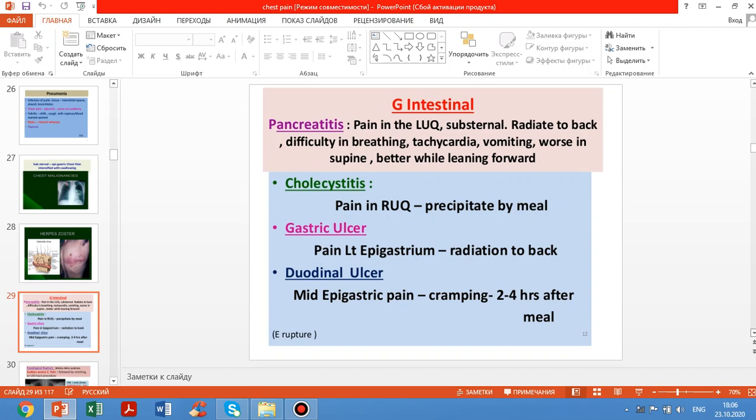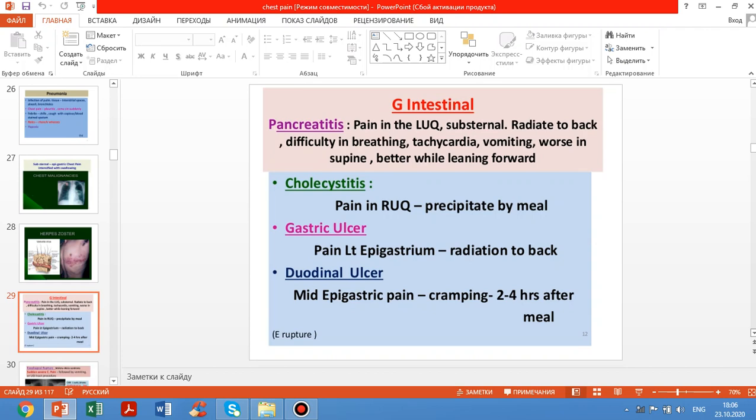Chest pain due to gastrointestinal disease. Pancreatitis: pain in the left upper quadrant, substernal, radiating to back, difficulty in breathing, tachycardia, vomiting, worse in supine, better while leaning forward.